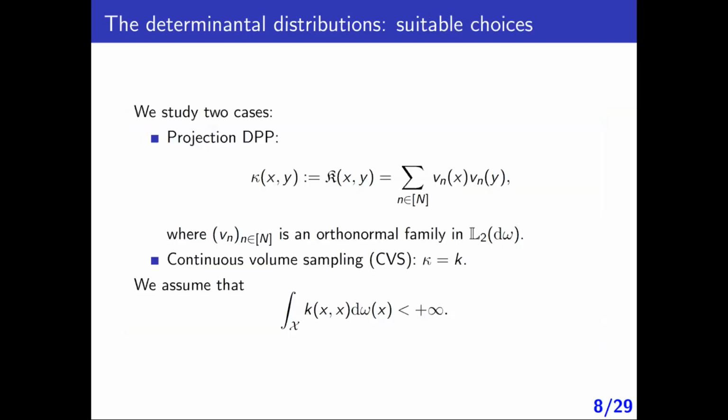We will consider mostly two cases. The first one is projection DPP, and in this case, we assume that kappa is a projection kernel for some orthonormal family in L2. And the second one is what we call continuous volume sampling, where kappa is equal to k. So we will assume that k is also integrable with respect to d omega.